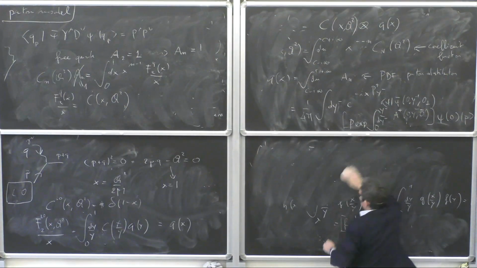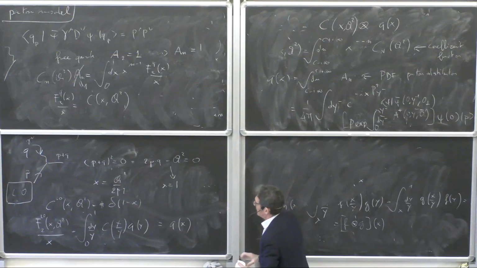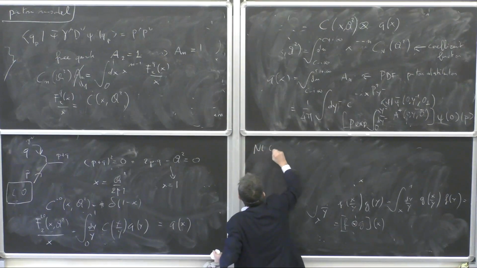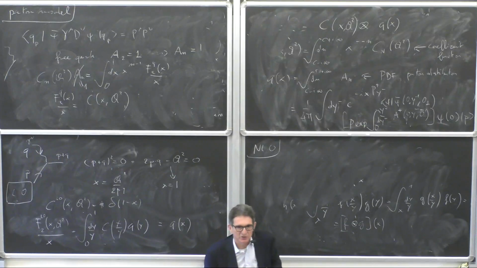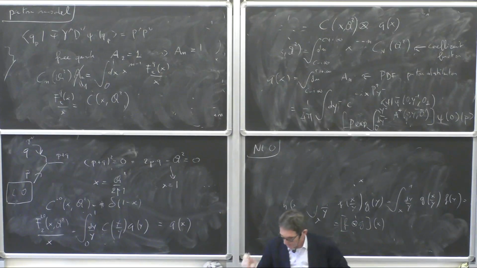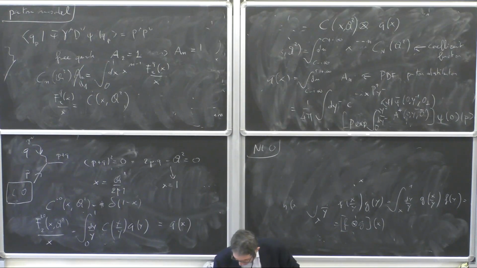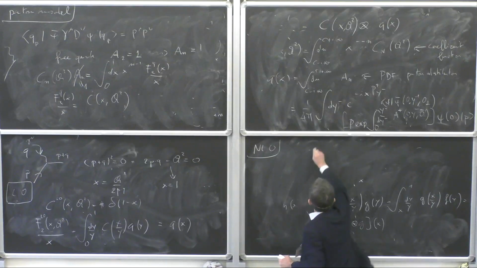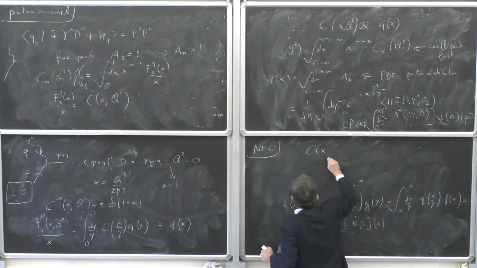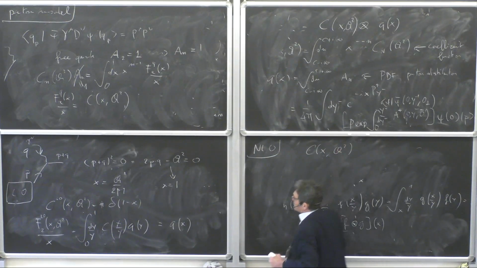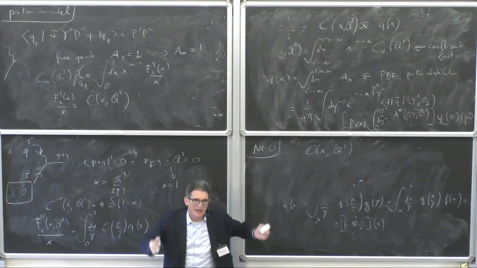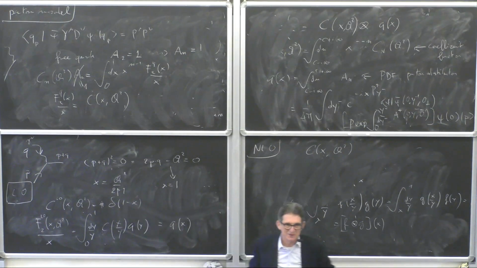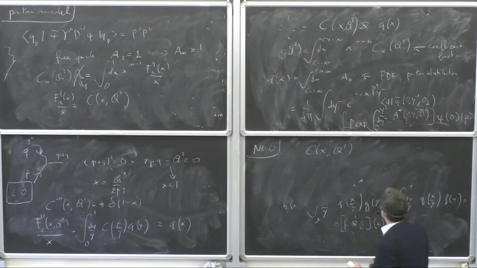So let's see what happens beyond leading order. So let's say next leading order. Now, at next leading order, the coefficient function will be some more complicated function, a non-trivial function, which I'm going to discuss later on. So for the time being, let's just say that now the coefficient function is c of x and q square. Notice that here there is no q square dependence simply because everything is trivial. The kinematics has collapsed. At higher order, the q square dependence will reappear, as we'll discuss tomorrow at this point.